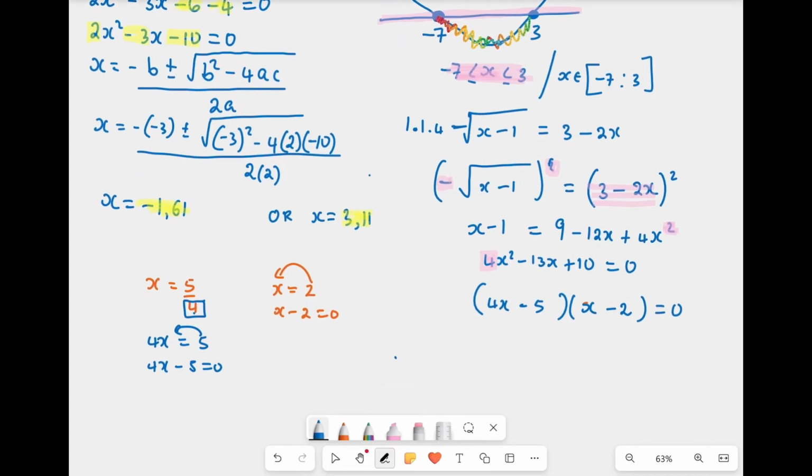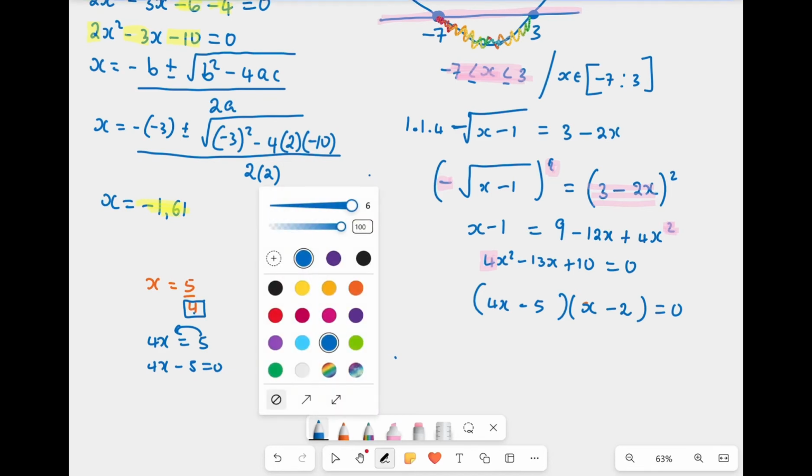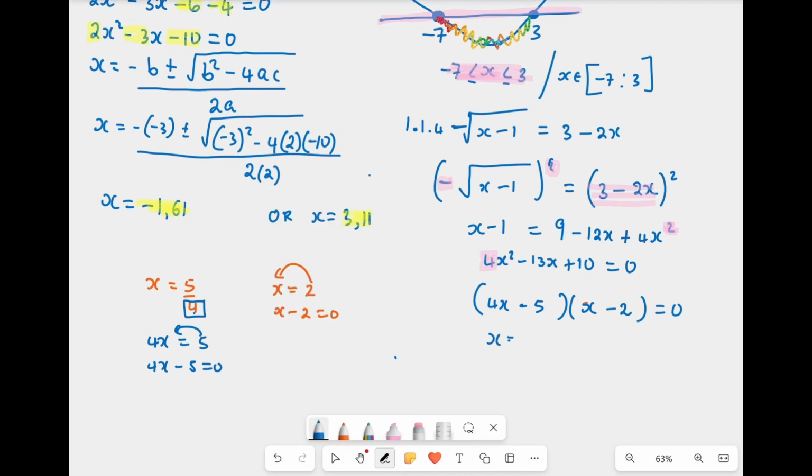Now, from here, we can solve for x. So our x is equal to 5 over 4, or our x is equal to positive 2. So we need to check if these two answers are valid or not.